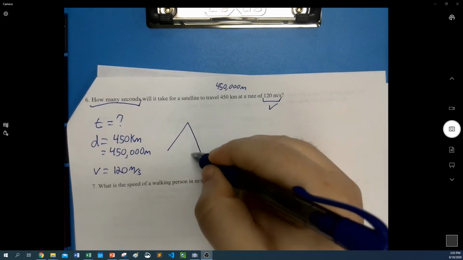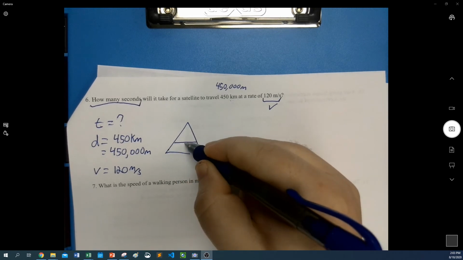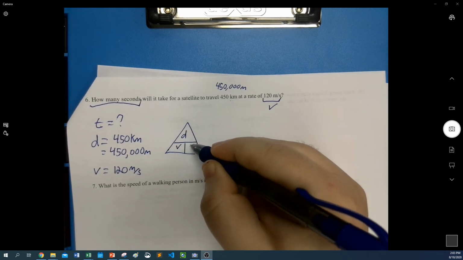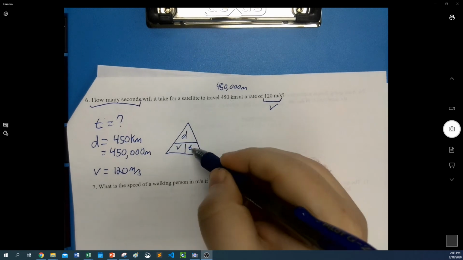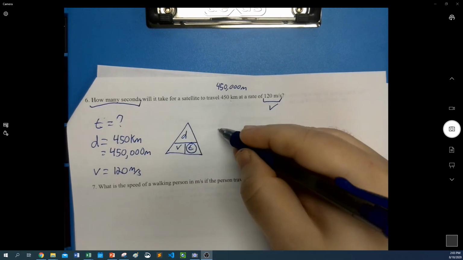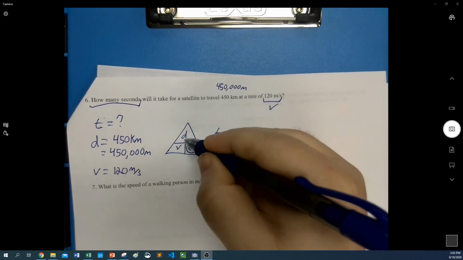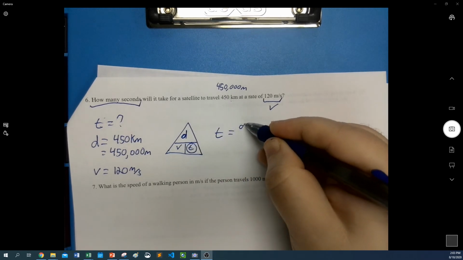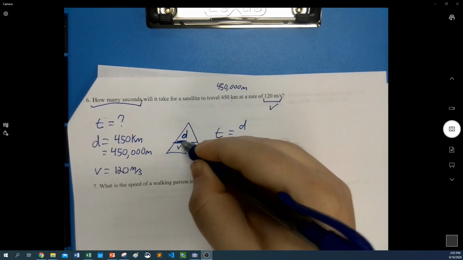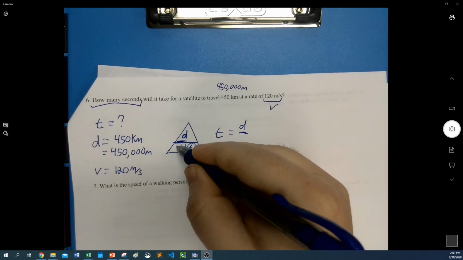So make our triangle. We're looking for time. Time would be d divided by velocity or speed.